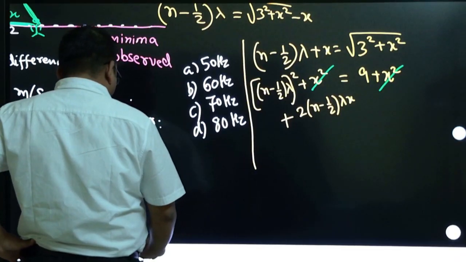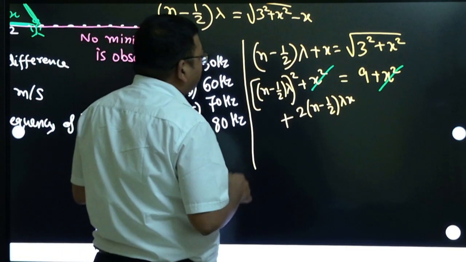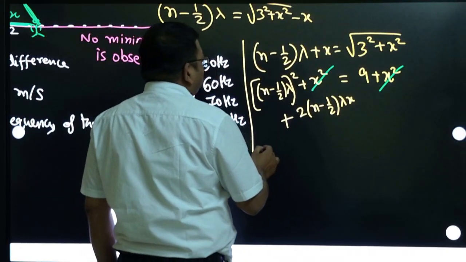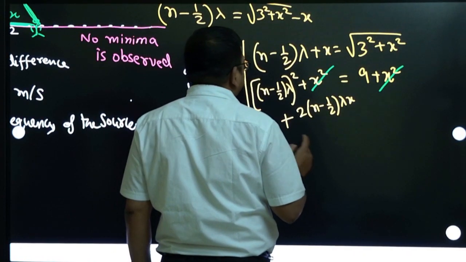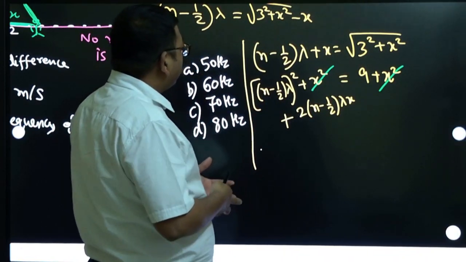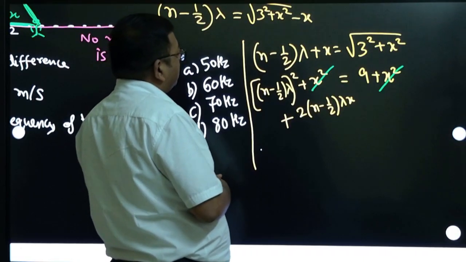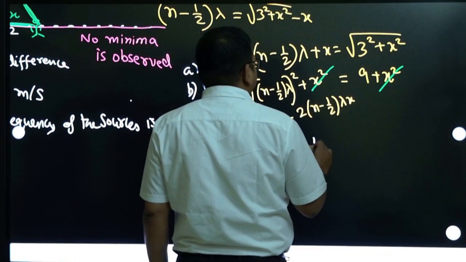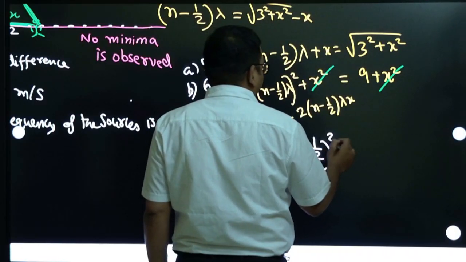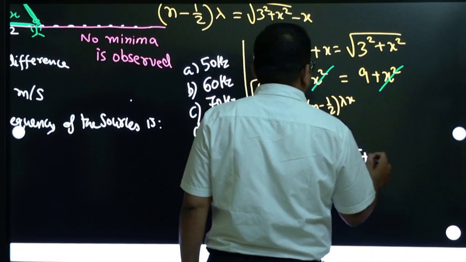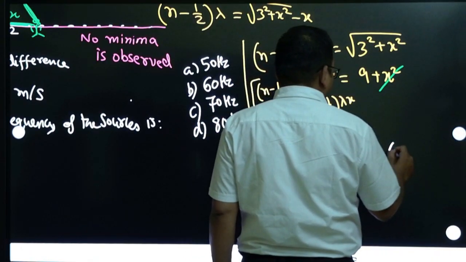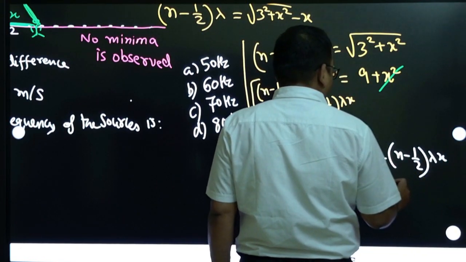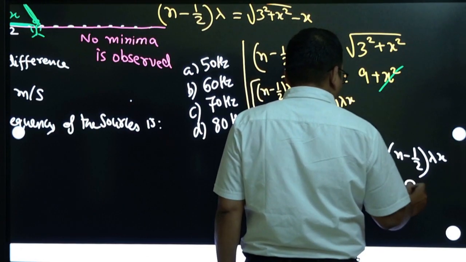What are the possible values of lambda we can calculate from here? Try to find the possible values of lambda, because if you know lambda and speed, you can calculate frequency. So from here, n minus half whole square lambda square plus 2 times n minus half lambda x is equal to 9.